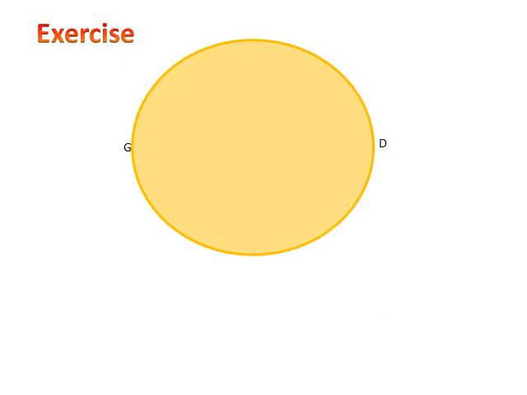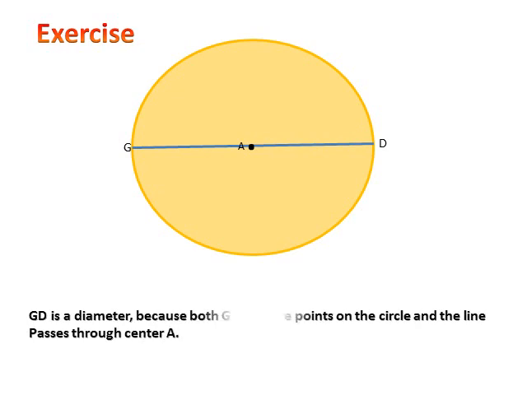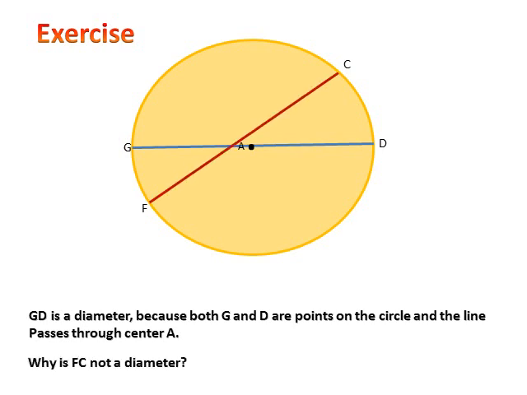Okay, let's try another one. GD is a diameter because G and D are points on the circle and the line passes through center A. Now the question is, look at line FC.